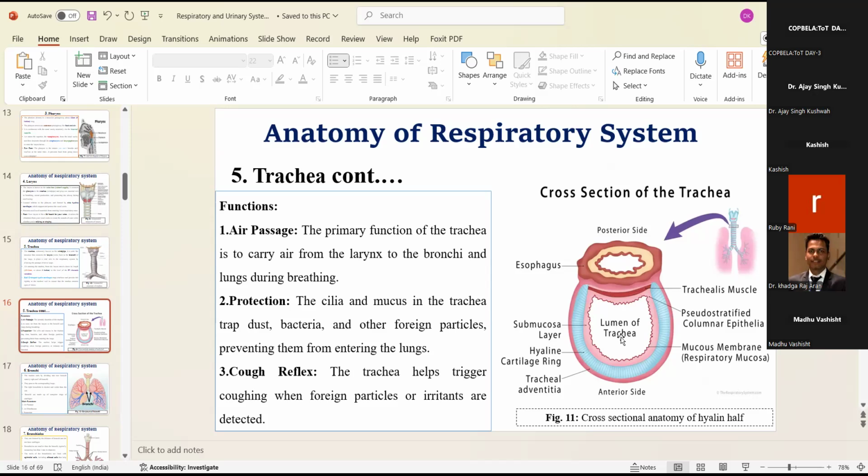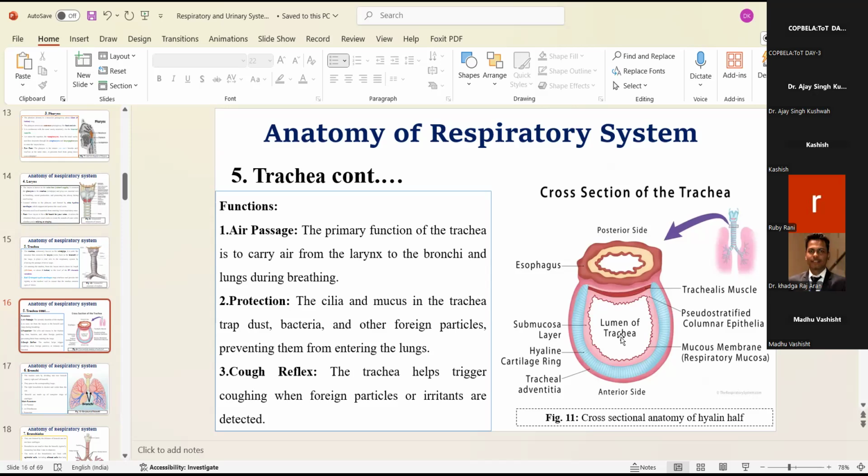The main functions of the trachea: the primary function is to carry air from the larynx to the bronchi. Second, it protects, because it consists of cilia and mucus that trap dust, bacteria, and foreign particles, preventing them from entering the lungs.